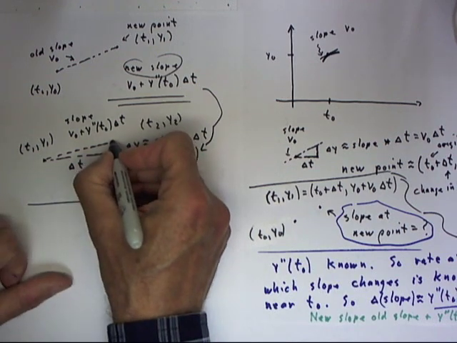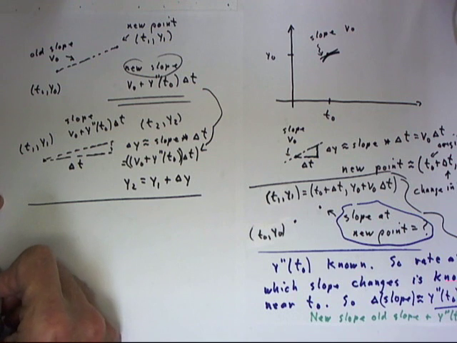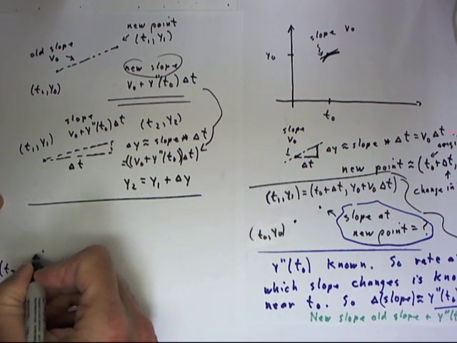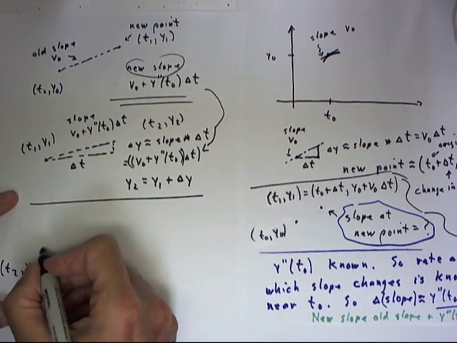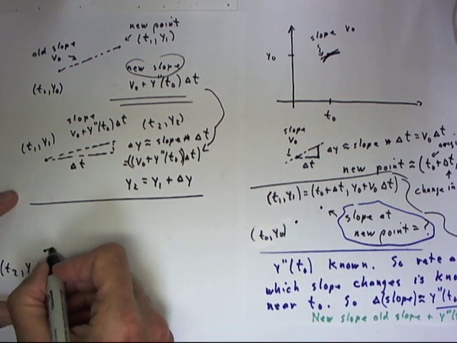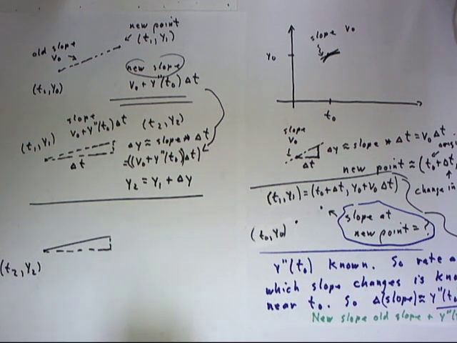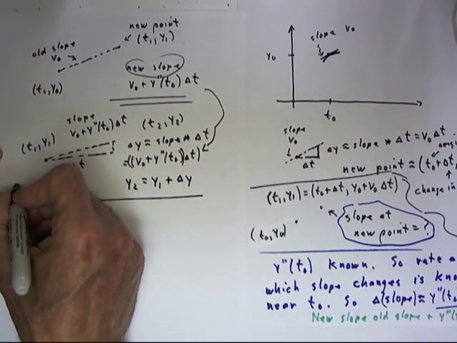Now where does this leave us? It leaves us at another point which we can label t2, y2. Now needing to project to a new point, we're going to have to figure a new slope. What's our new slope?